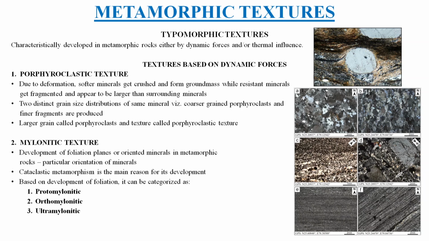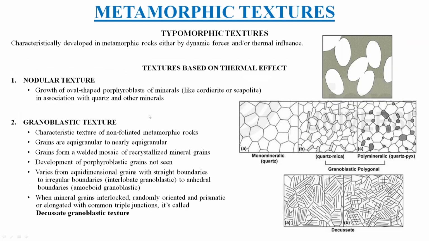If the matrix material increases to between, for example, 50 to 90% of the whole volume of the rock, then it becomes myelonite. If it exceeds more, if the ground mass or the recrystallized matrix material becomes dominant and it has a very penetrative and very strict layering, in that case it will be considered ultramyelonite, which will have a matrix percentage of more than 90%.